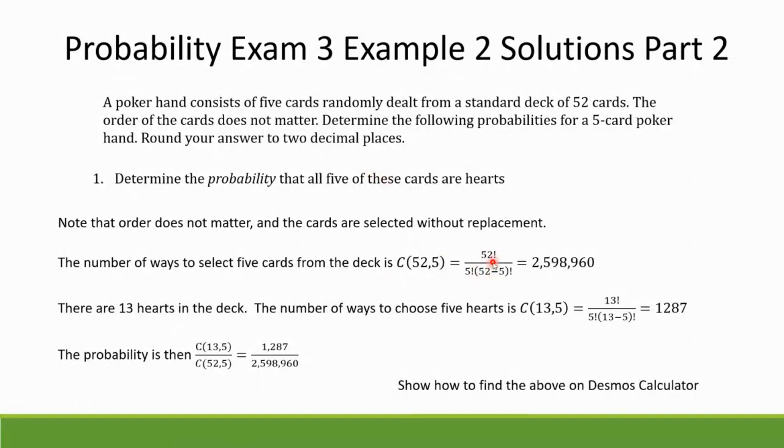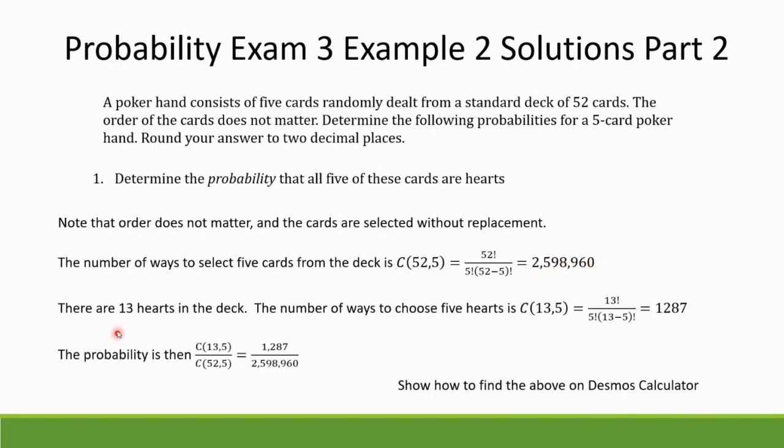We have 52 factorial divided by 5 factorial times 52 minus 5 factorial. If you did this in Desmos, this is what you would get. You don't actually have to do the factorial stuff. I mean, you can, but you definitely have to do this and the answer. Okay, that's good.